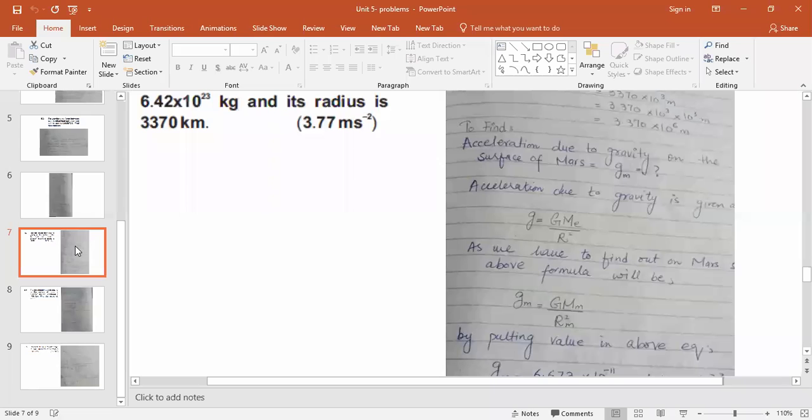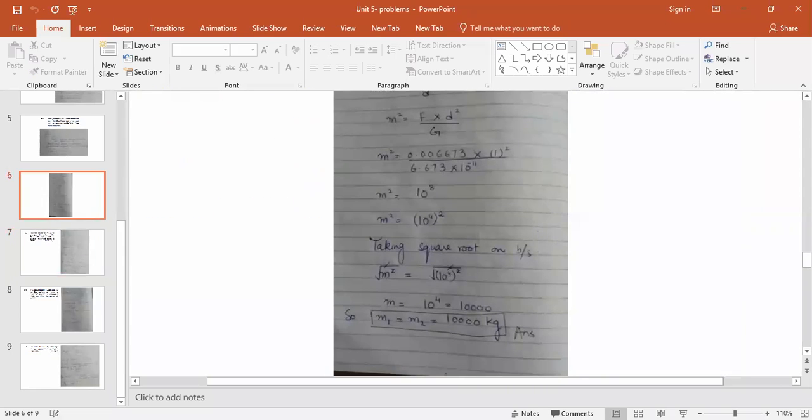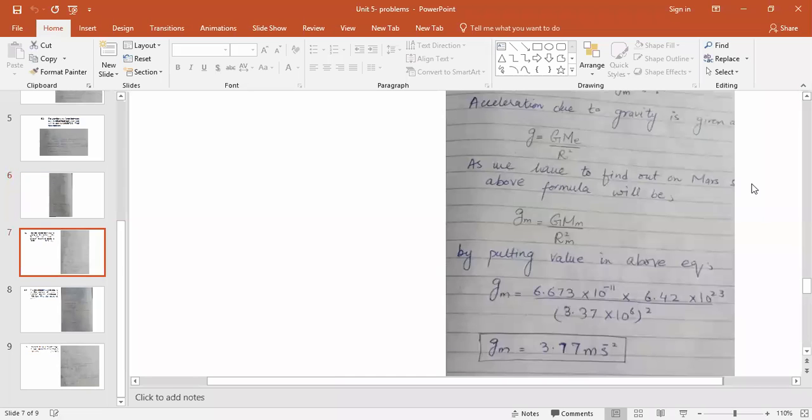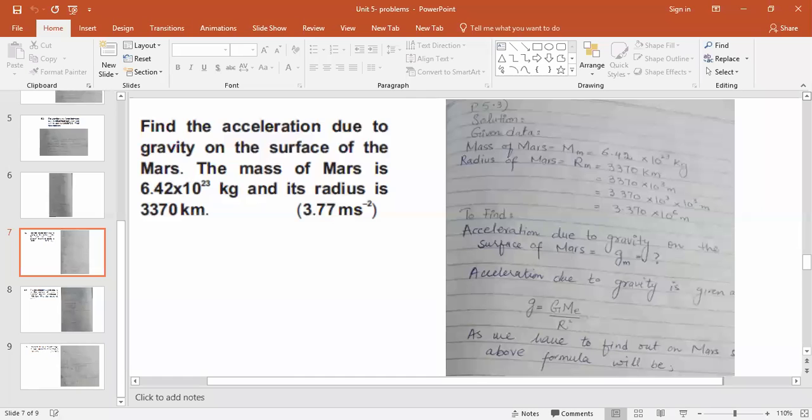So just give the heading of given data, and you know the mass of Mars is given to you in your problem, and you represent the mass of Mars with capital M, and small m represents Mars, and that is given to you as 6.42 into 10 raised to power 23 kg.